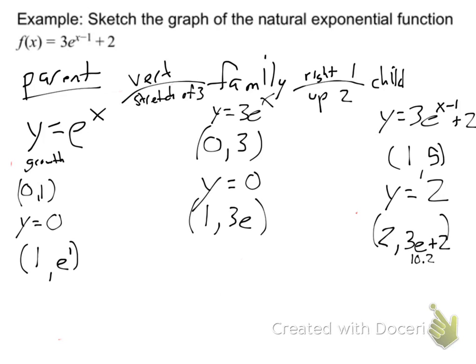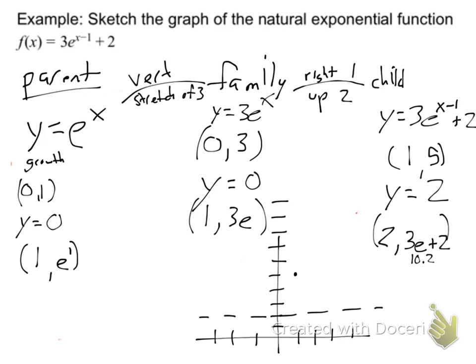Just plot your data. y equals 2, 1, 5, and 2, 10. There's your graph. So it's not too bad, right? It's just using e instead of 2 or 3 as a base. Same process.